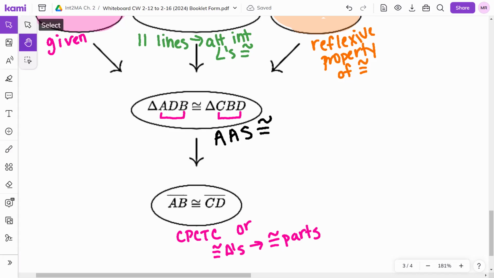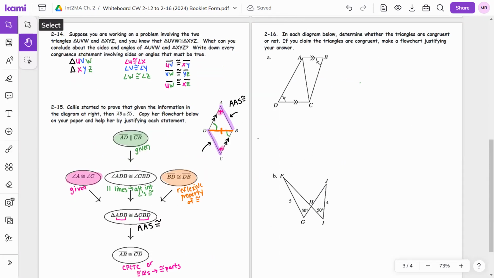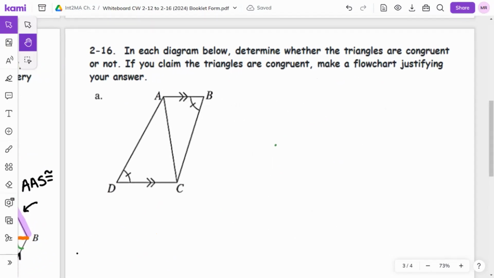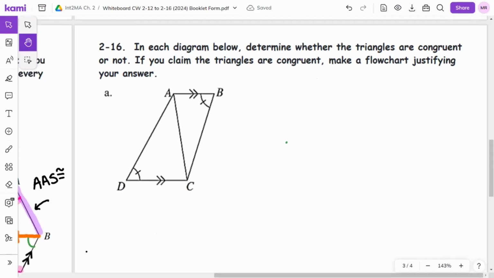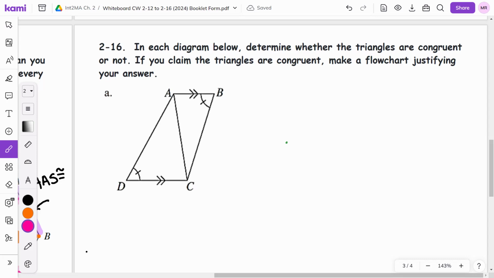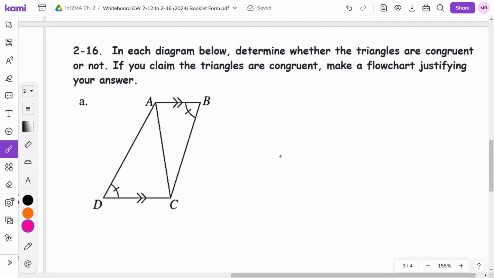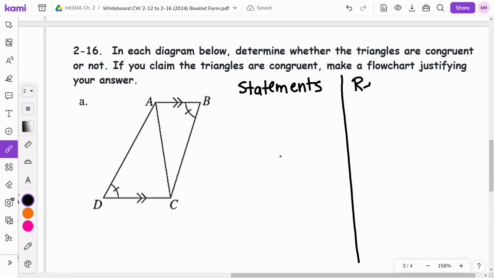Okay, so let's take a look at the next one, number 16. On 16, I'm going to do a two-column proof. A two-column proof is basically the same as my flowchart proof, but instead of having the statements in the circles and the reasons outside, we're going to have two columns: a column for statements and a column for reasons.